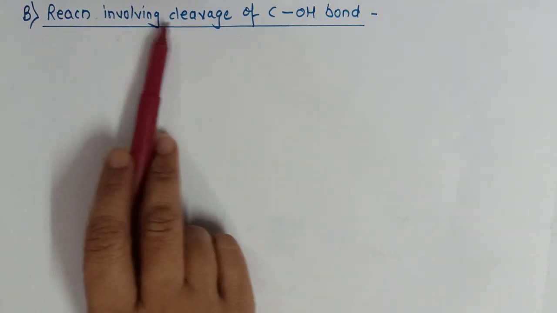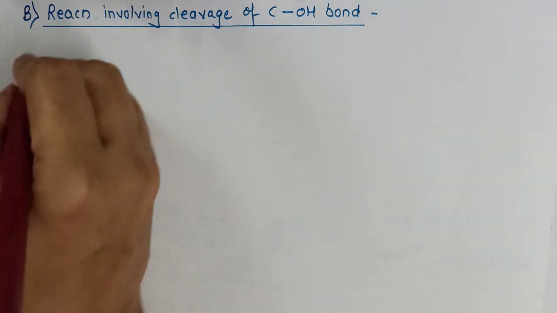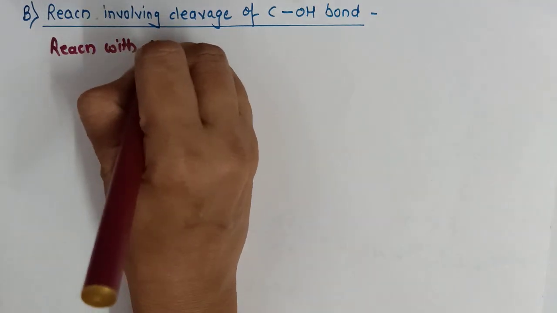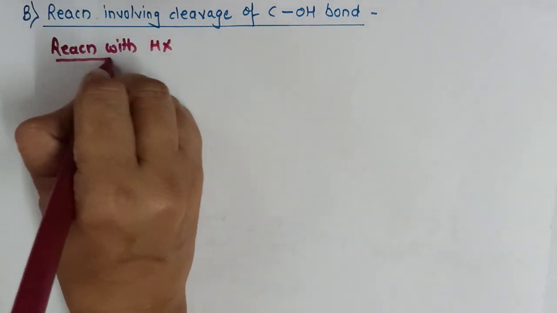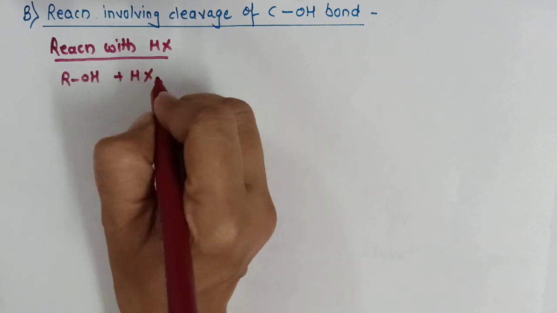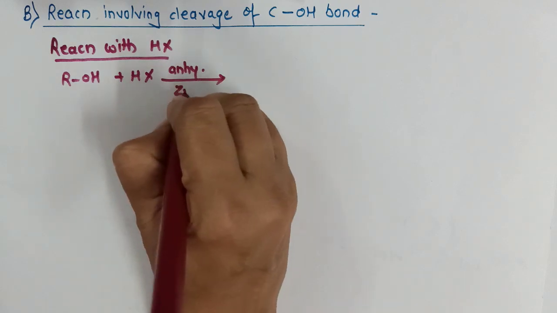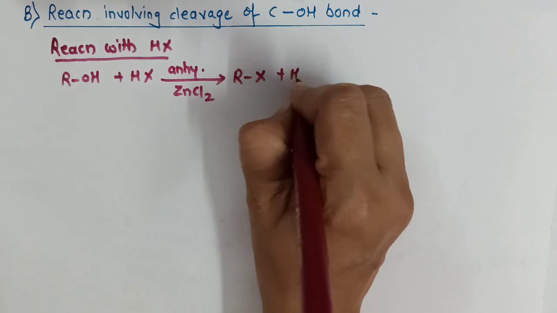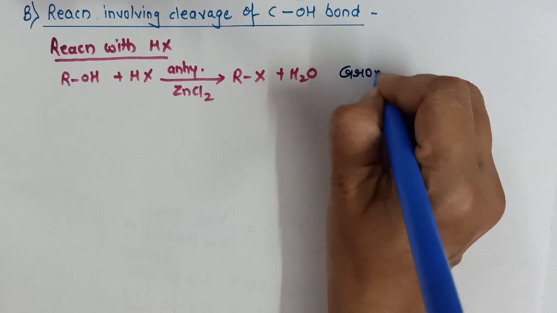Moving on to the next one, reactions involving cleavage of the carbon-hydroxyl bond. In that, the first is reaction with hydrogen halide, which we have already studied in the preparation of haloalkanes, that whenever any alcohol reacts with hydrogen halide in presence of anhydrous ZnCl2, it gives haloalkane along with water, and this process is known as Groove's process.